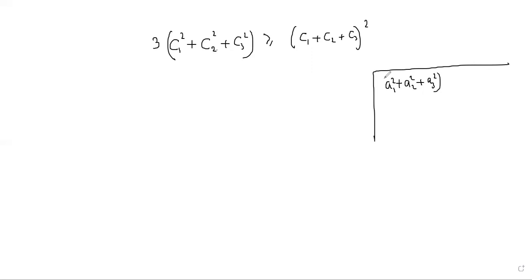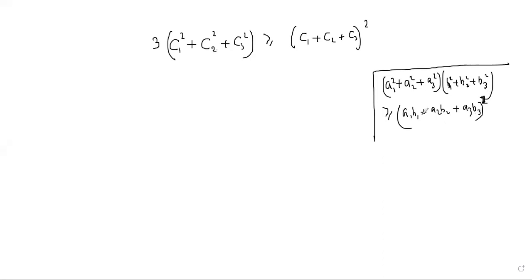This is the inequality. I can put a square root, but instead we can square it. And say we have proved it for 2 variables, but let's assume it is for 3 variables also. Okay, try to use this in this case.